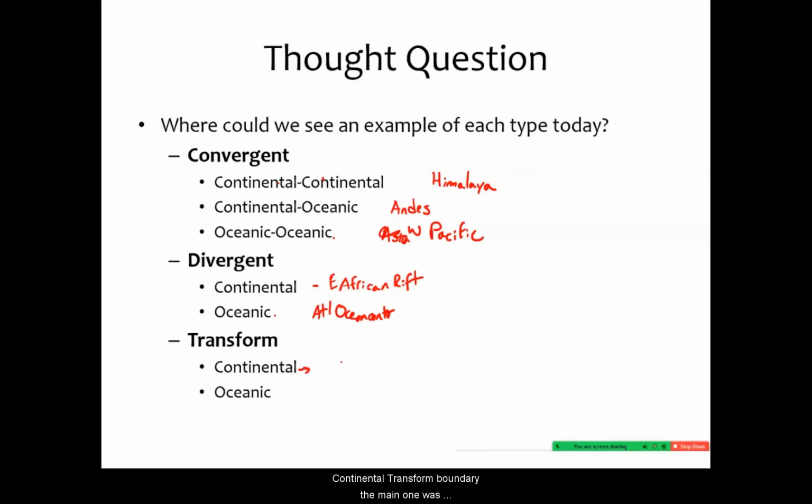Continental transform boundary, the main one was San Andreas, that we hear about a lot in the US because it's the most applicable. And then ocean transform boundaries are in a host of different places, but they just offset some of these divergent plate boundaries.